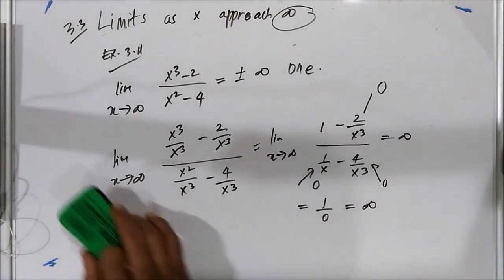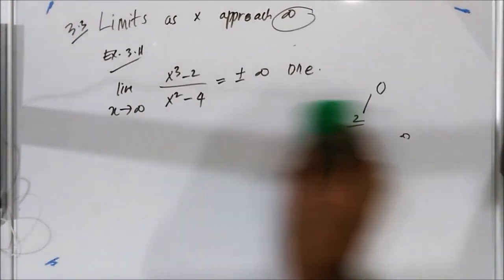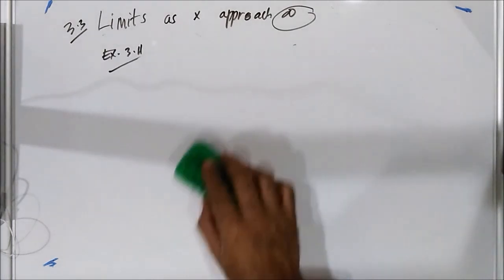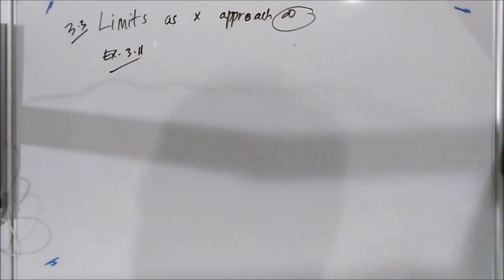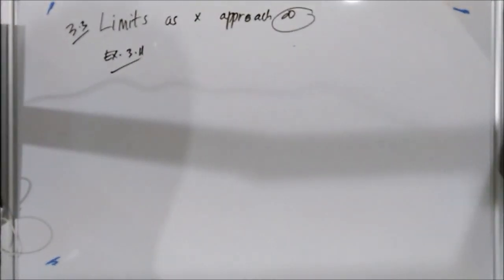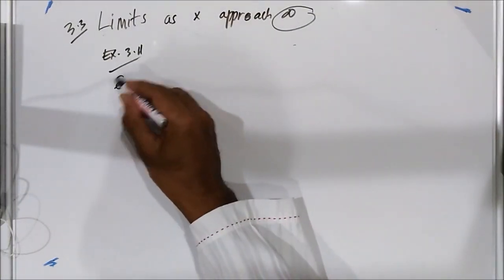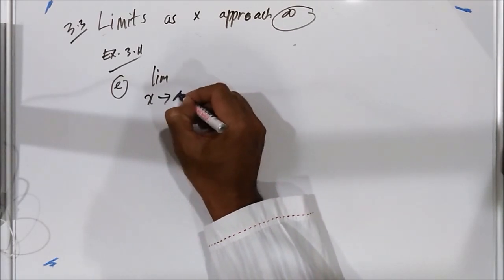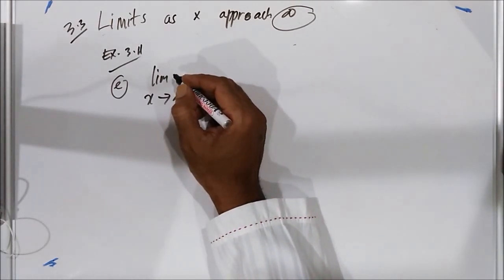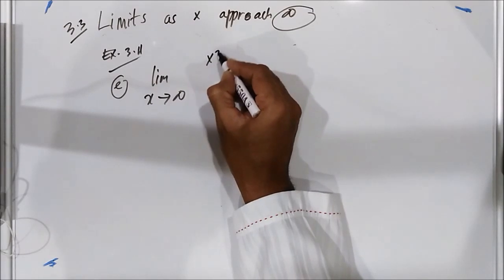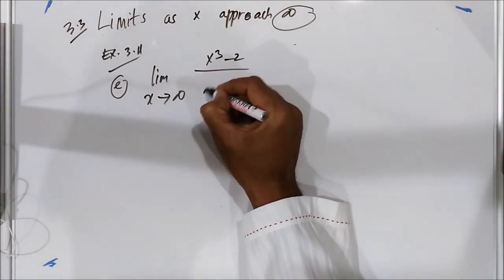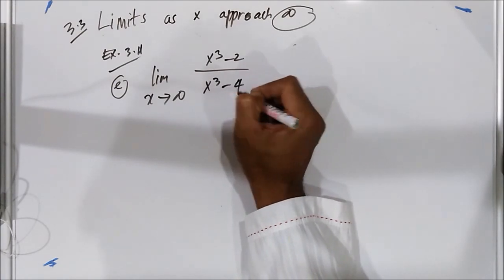Then we go to example E. Limit of x approaching infinity of (x cubed minus 2) divided by (x cubed minus 4).